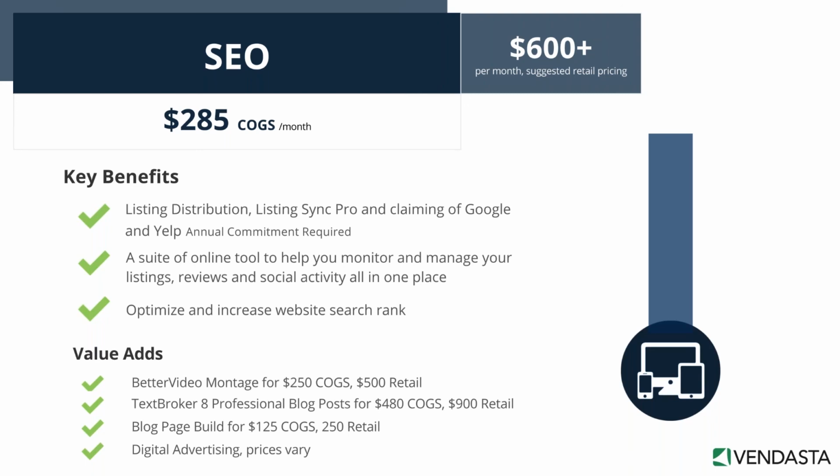But then there's some of those other ideas where you can improve SEO, by including a video on your website, which greatly increases your SEO effect. So doing stuff like that, some of those value adds. If you are currently offering SEO, maybe you can talk to them about that better video, talk to them about putting a video on their site, and then increasing the SEO in another way.